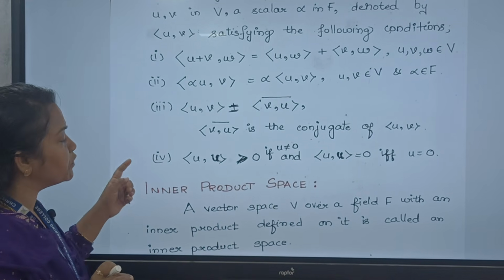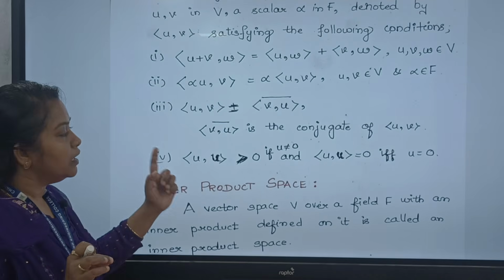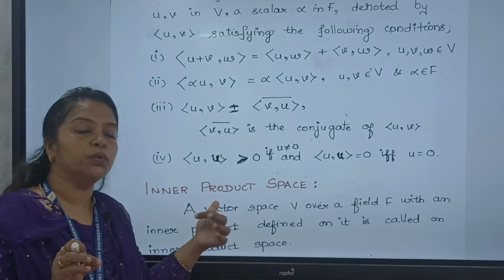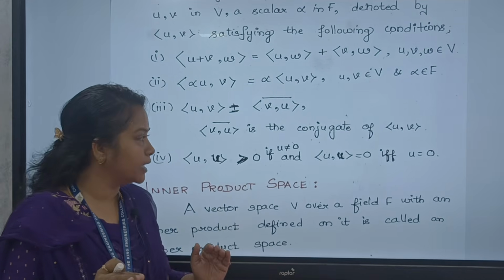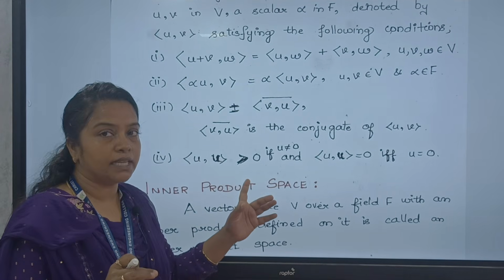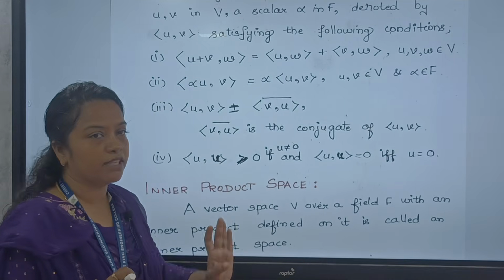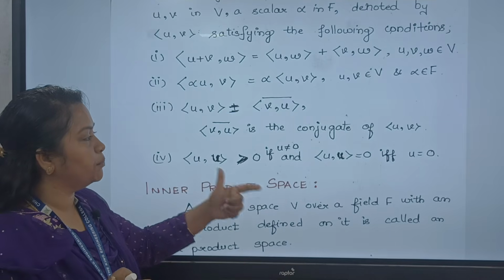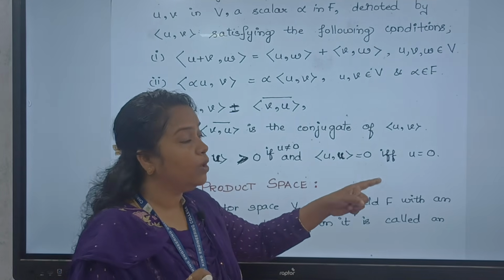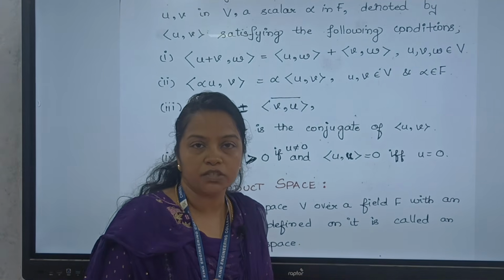The fourth point is the inner product of u, u. If we take the same vector in our inner product, it will always be greater than 0 if u is not equal to 0, and the inner product of the same vector will be equal to 0 if and only if u is equal to 0.